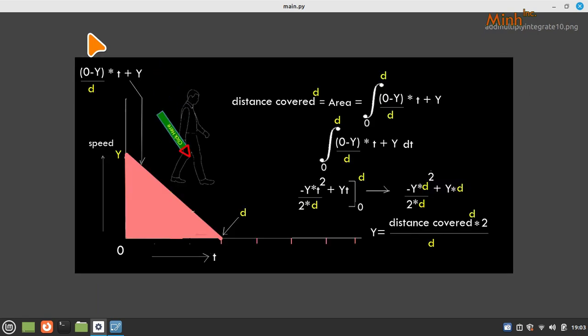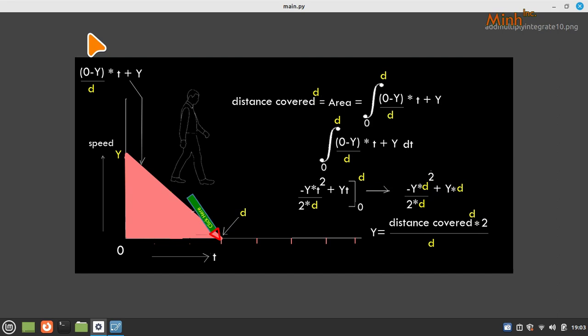a man is walking in a market and he is coming home. He would start at y km/h speed and decelerate at a constant rate, and when he reaches his home, after d minutes or seconds or hours, whatever, his speed is 0.